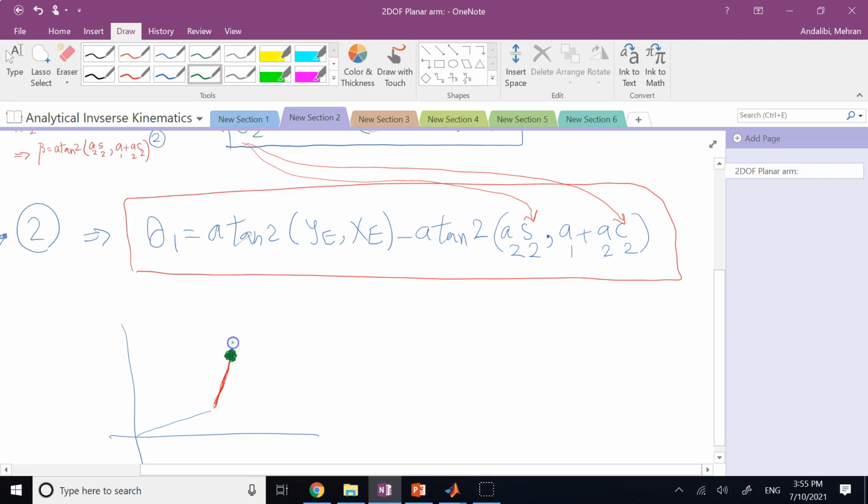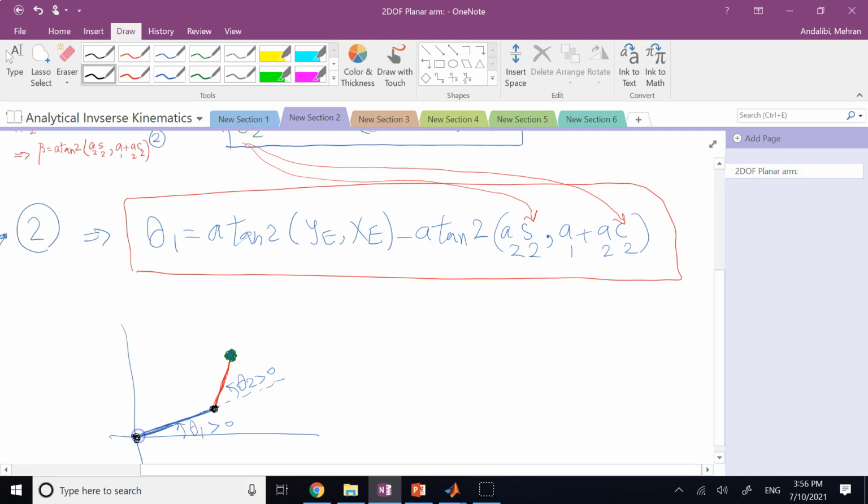I can get to that green point using what? Using this configuration. Where here, this is angle theta 1. And this angle here is what? Theta 2. You can see they're both positive, both counterclockwise. This is one way that I can reach the desired location.